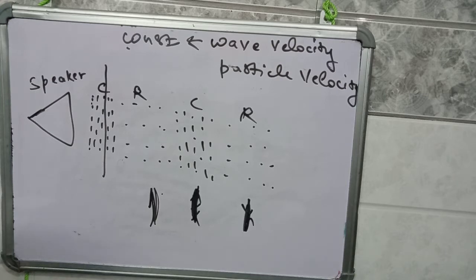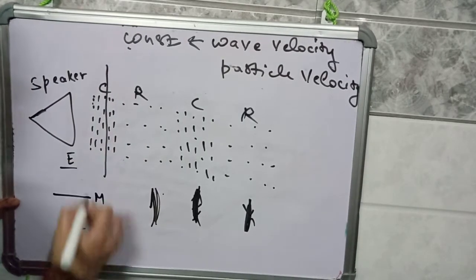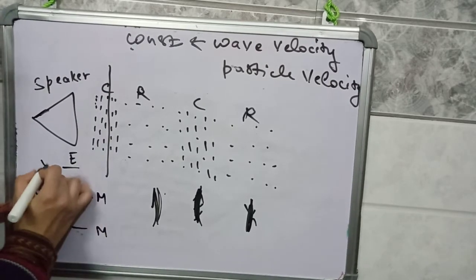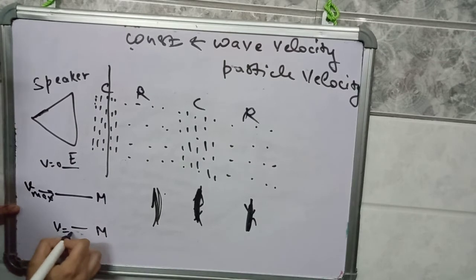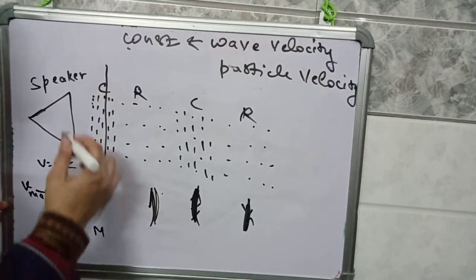Velocity is maximum at the mean position and zero at the extreme position. Suppose this is the mean position and these both are the extreme positions. So velocity is maximum at the mean position and zero at the extreme position. That's why the particle cannot go beyond the extreme position.